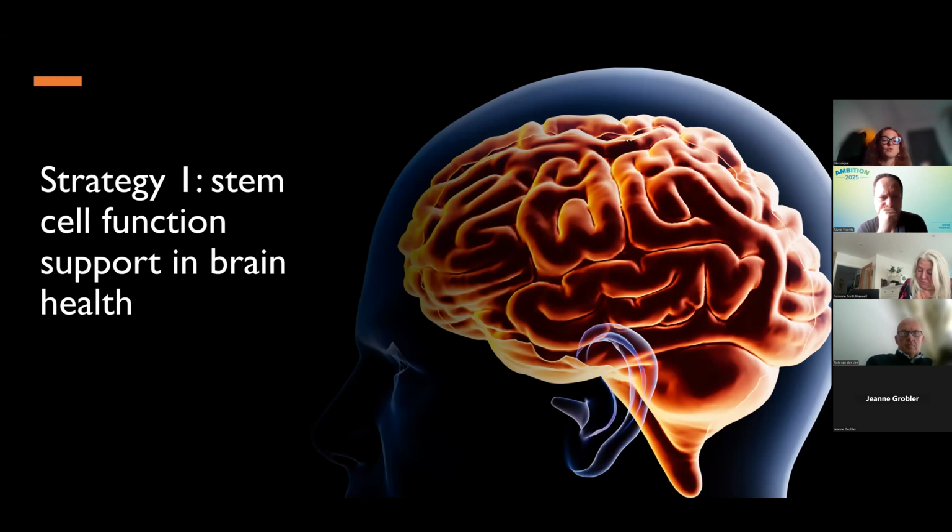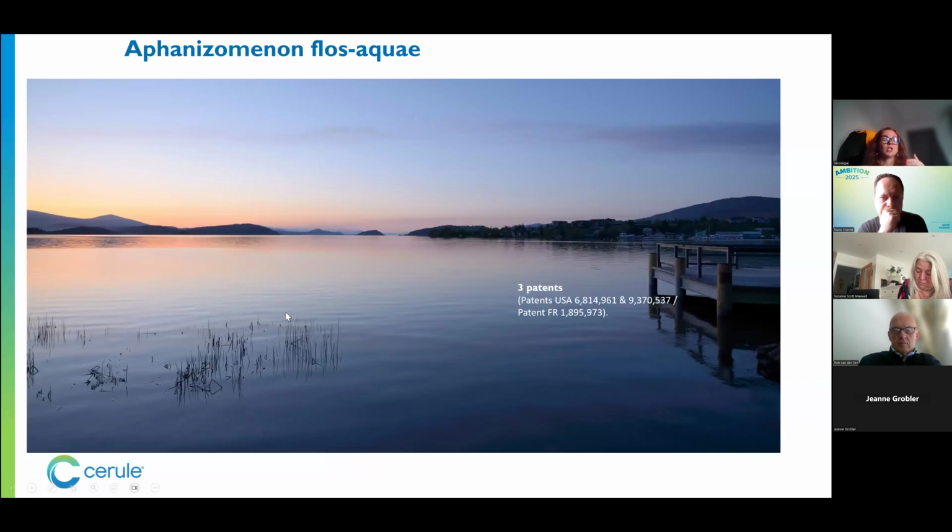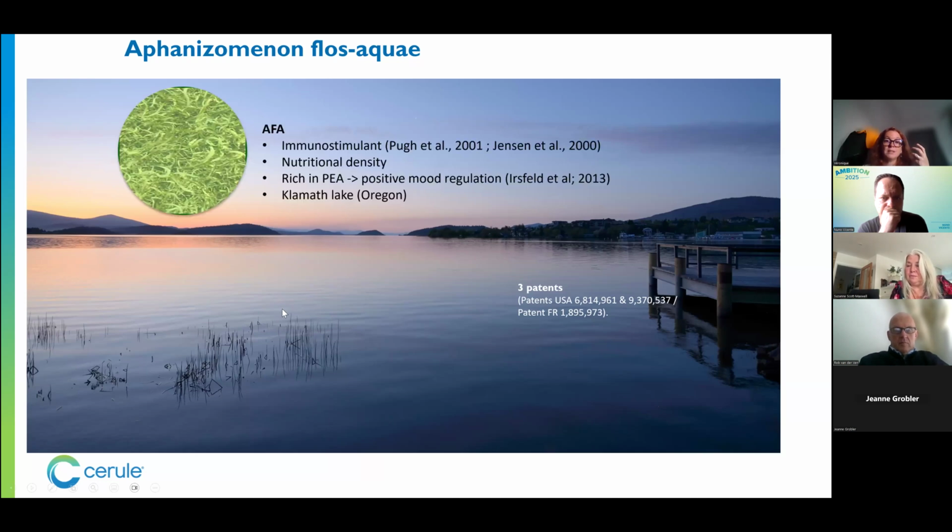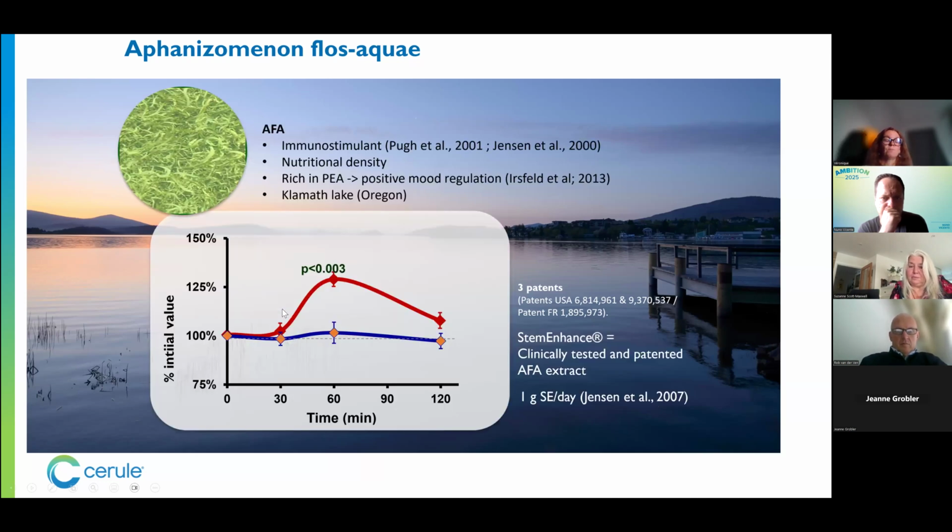In terms of nutritional strategy, as we have clinical benefits of stem cell mobilization that is seen with stem cell injection, the first one will be to naturally mobilize stem cells to increase the number of stem cells in circulation, to really promote this capacity of repair and regeneration.